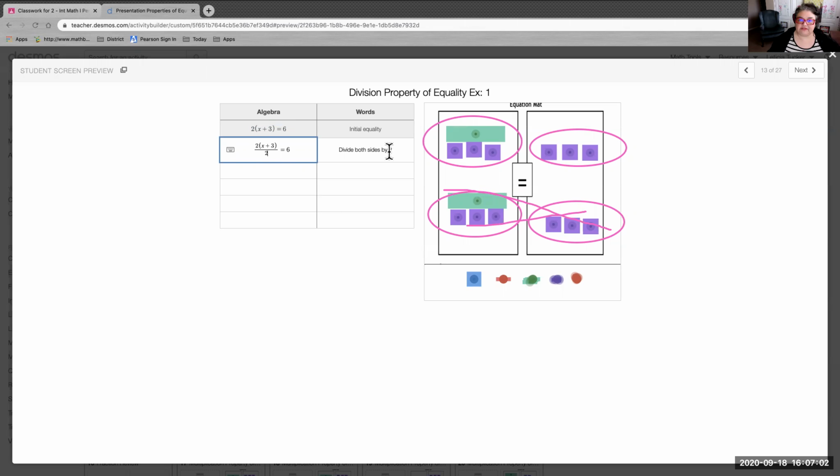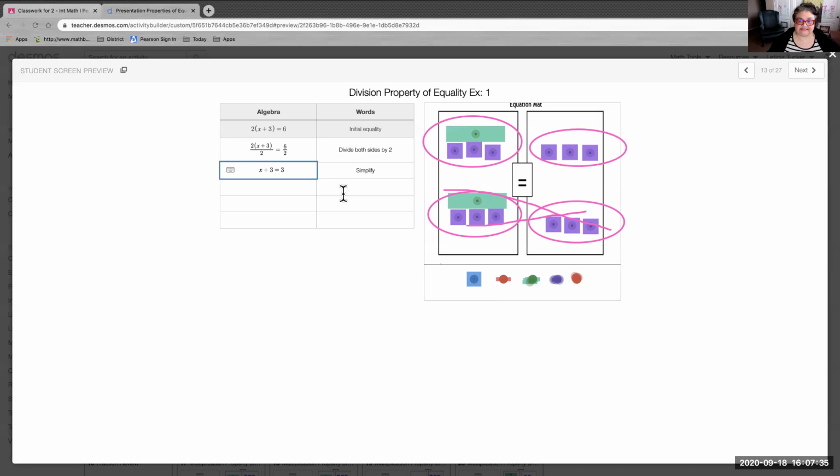See how I'm showing the division in there? Divide by 2. And there we go. Now I can simplify. And here I'm going to have the x plus 3 equal to 3.